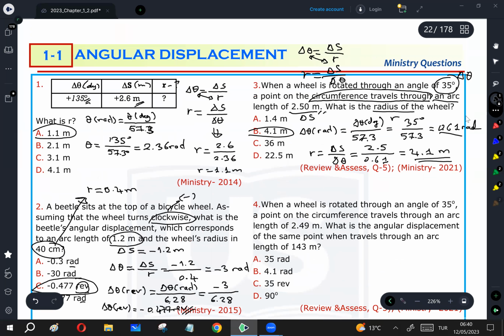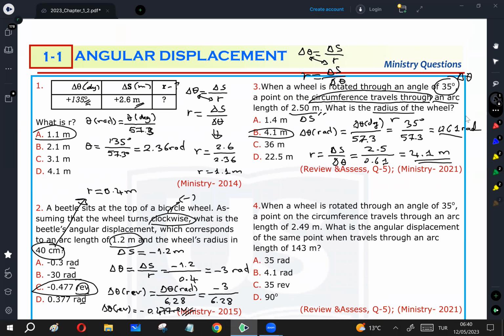And question number 4 is similar to 3, but with one more step, so it is a two-step problem. When a wheel is rotated through an angle of 35 degrees, a point on the circumference travels through an arc length of 2.49 meters. In fact, this is part of question 3.